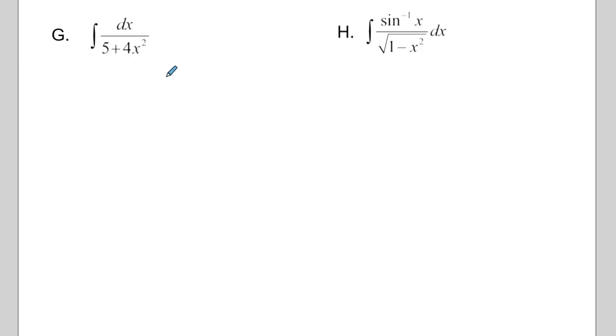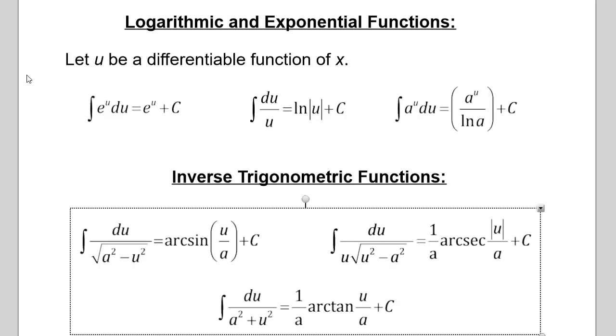And for us, interestingly, we have sine inverse as a part of this thing. So let's just kind of remind ourselves, I'm going to go back again, of what the derivative of sine inverse is. And so for the derivative of sine inverse, it's going to be 1 over the square root of a squared minus u squared.